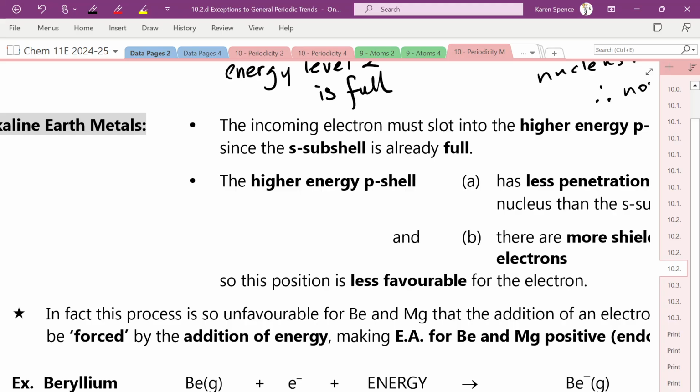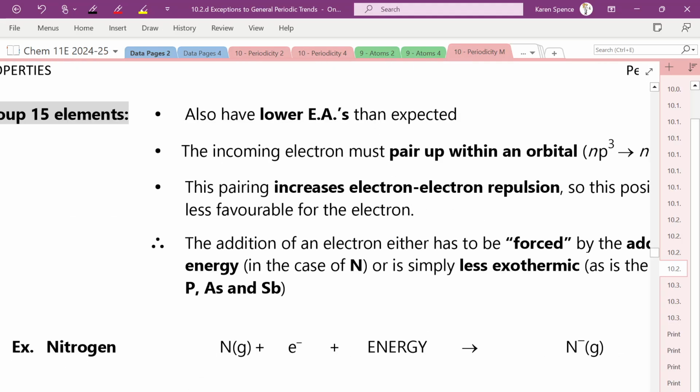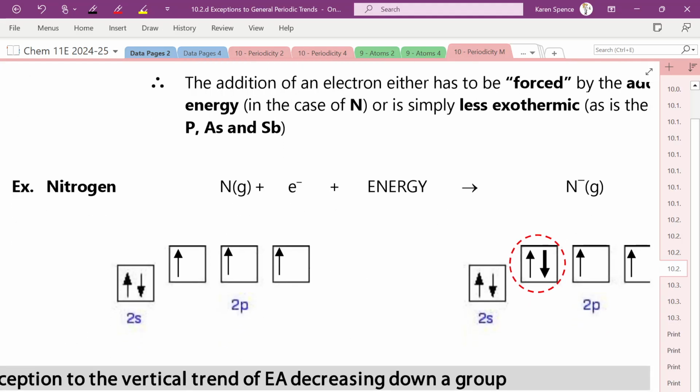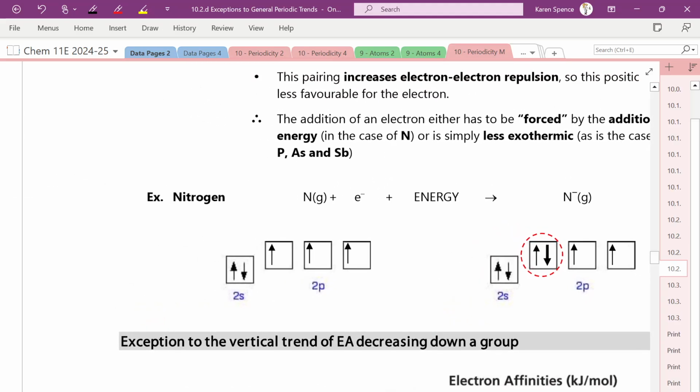So we've dealt with neon, we've dealt with beryllium, and now we have our group 15 elements. Nitrogen. So if we compare oxygen, here's oxygen, 2s, 2p, and here's nitrogen.